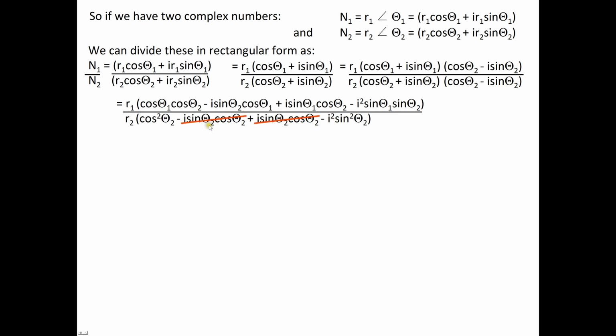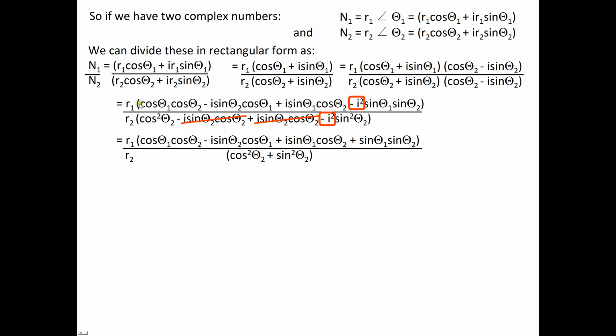You see that this term is equal to that term, so the minus I sine theta 2 cos theta 2 and the plus I sine theta 2 cos theta 2 can be cancelled out, and then we can replace these minus I squareds by a plus sign, so that gives us this term remaining on the bottom, cos squared theta 2 plus, because we've replaced that minus I squared by a plus, sine squared theta 2, and we've replaced that minus I squared on the top with a plus sign.